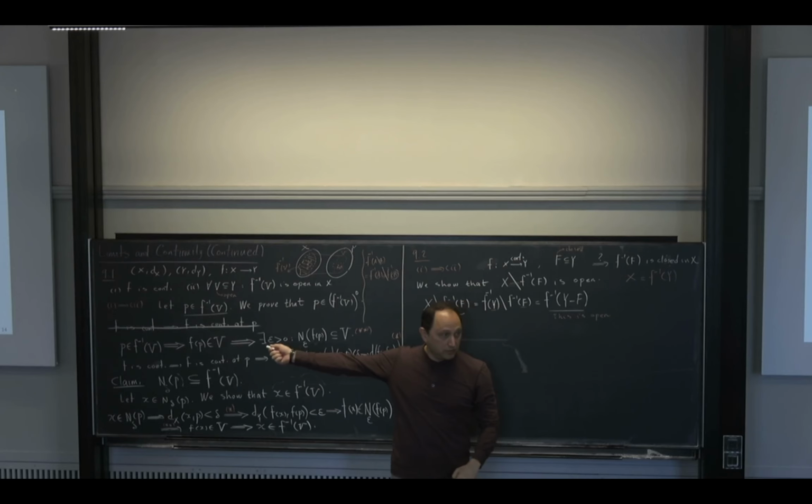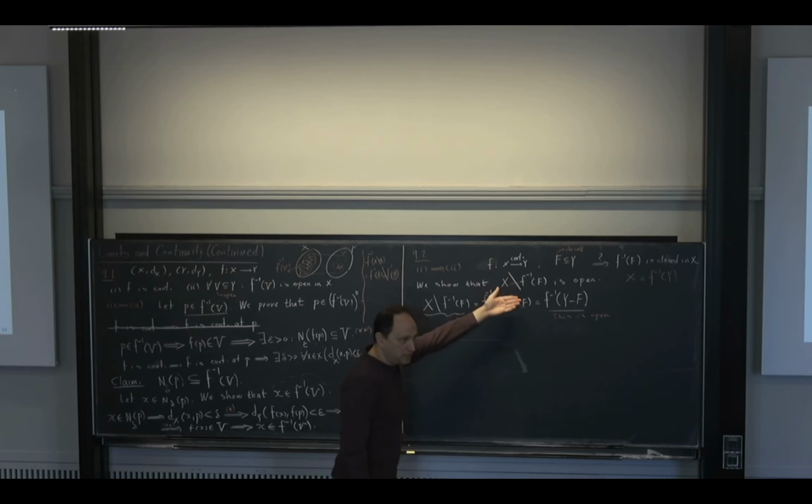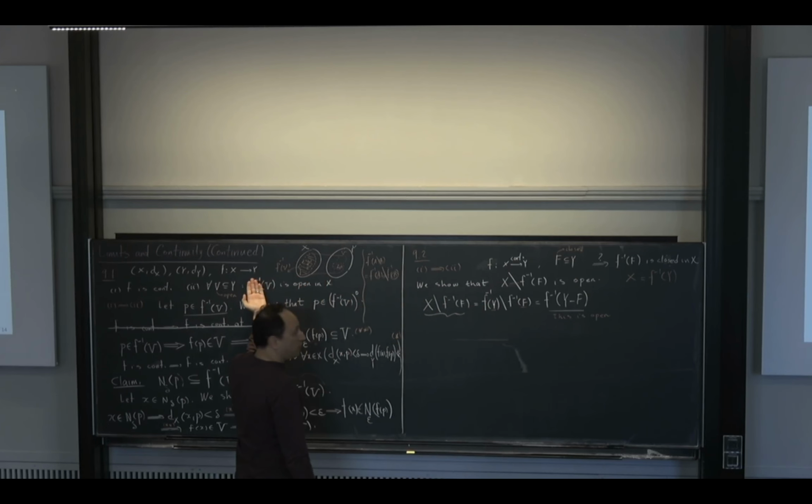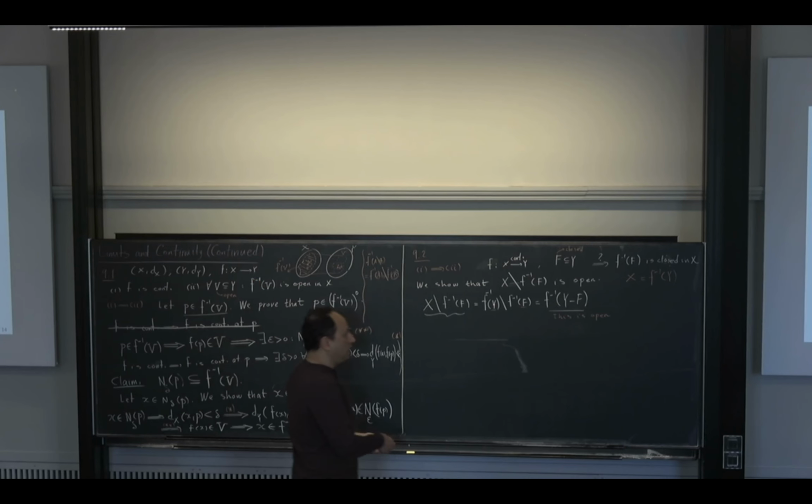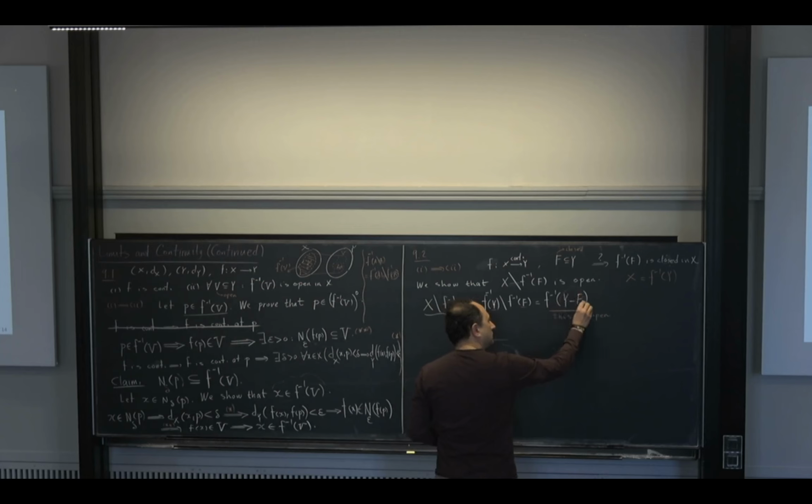Because of this theorem. This theorem tells you that if f is continuous, the inverse image of opens is open. Do you agree? Now this is open. I agree with you because f was closed, so its complement is open. This is the inverse image of an open set.